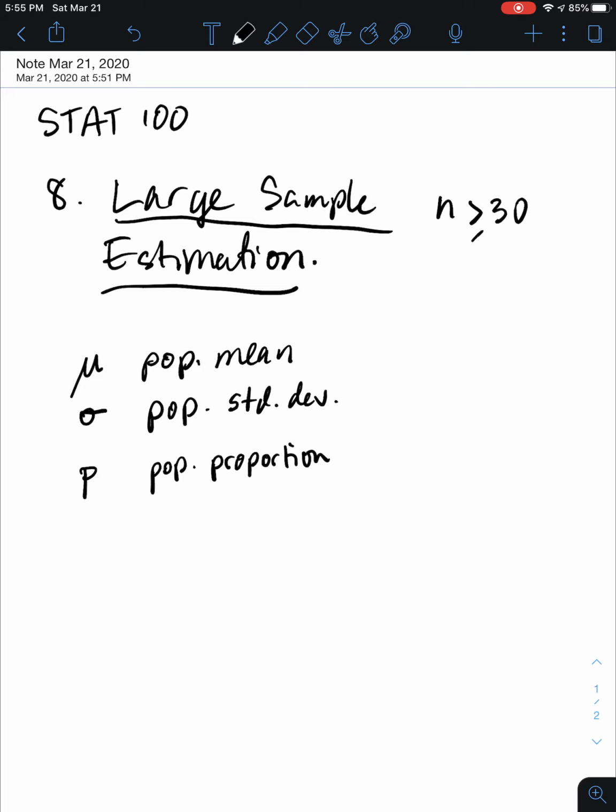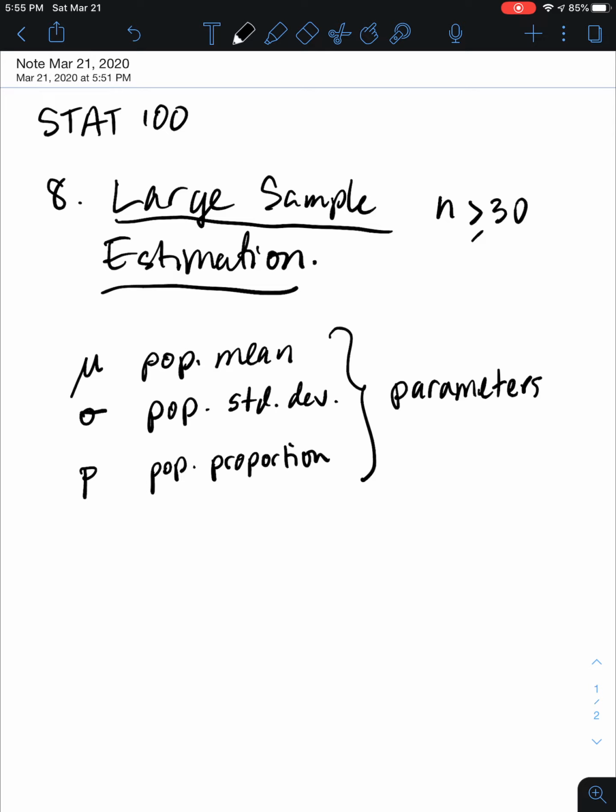These are all numbers that are associated with the population. So these are called parameters, and we have used this term, I think, as early as Chapter 1 of this textbook. These are parameters. And as I've mentioned many times before, parameters are generally difficult to impossible to determine exactly.